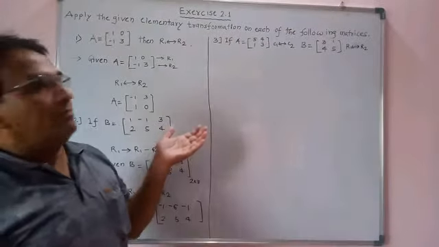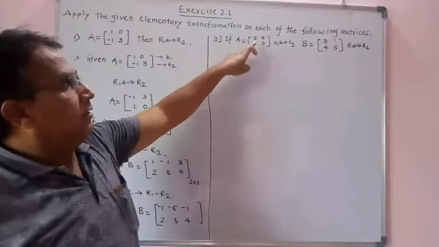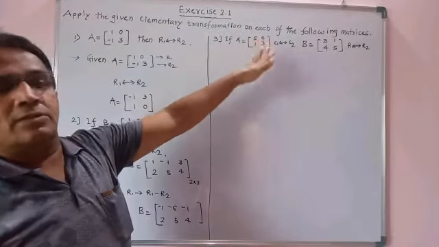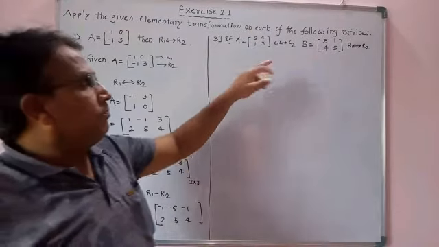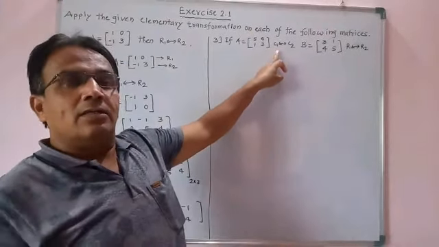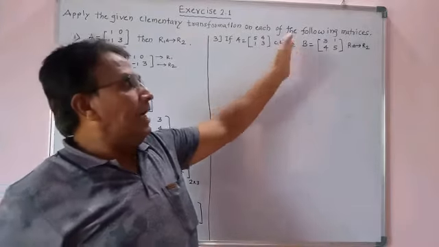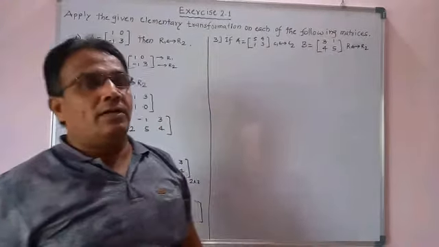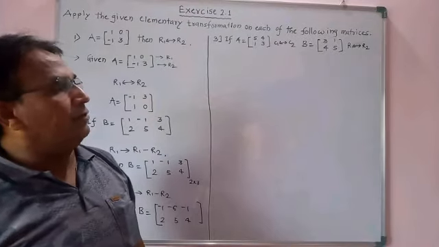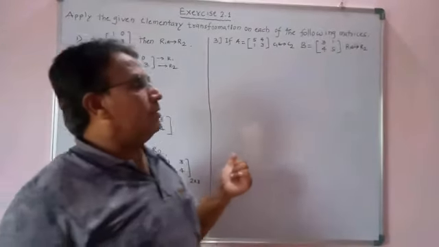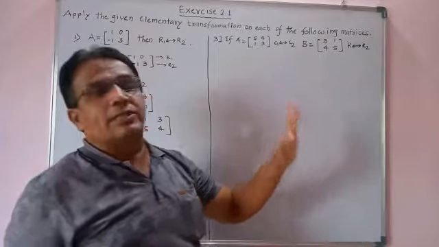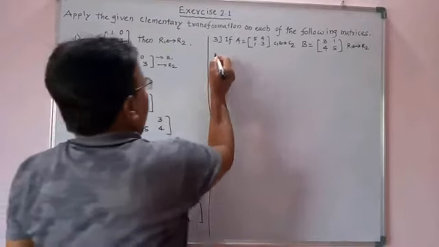First example: matrix A is given as [5, 4; 1, 3], 2 rows and 2 columns. Find C1 interchange C2. And matrix B is given as [3, 1; 4, 5], 2 rows and 2 columns. Find R1 interchange R2. Solve this example.